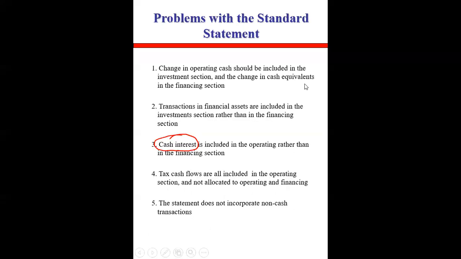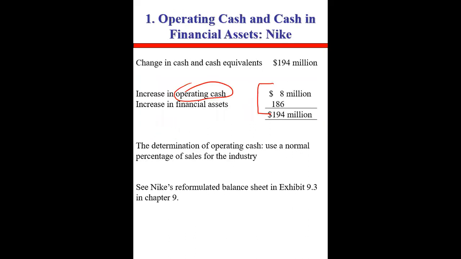When it gives more flexibility, it will be a big problem, because the accountants will use it for their own purposes, to make cash from operating activities look good, whatever is appropriate in his or her case. Okay, so let's see.